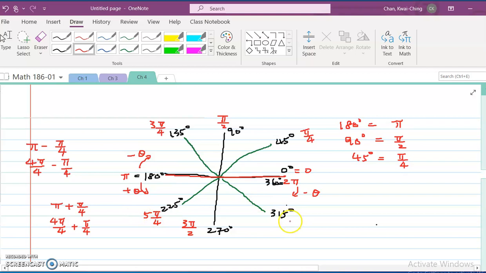And for this angle, I will think of 2 pi minus pi over 4. So 2 pi minus pi over 4 is equal to 8 pi over 4 minus pi over 4. That is 7 pi over 4, right? So I have these angles that I know in radians: exactly pi over 4, 3 pi over 4, 5 pi over 4, 7 pi over 4.